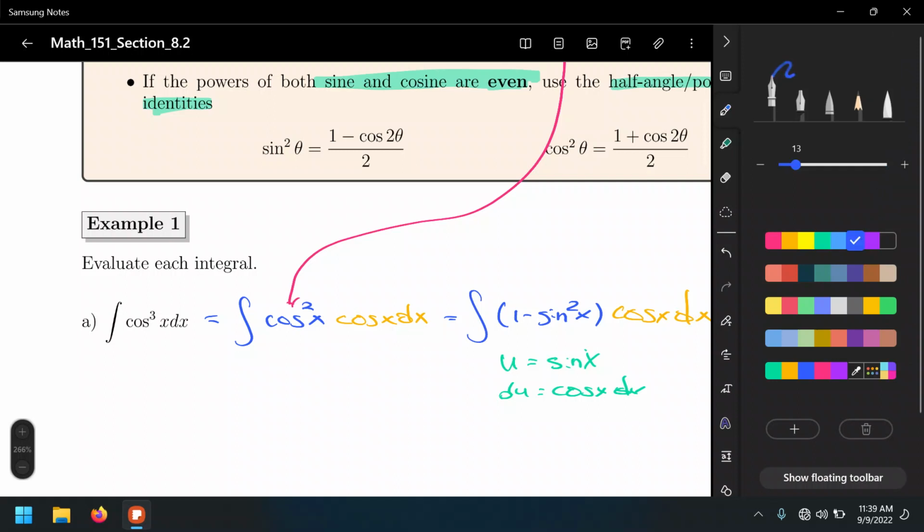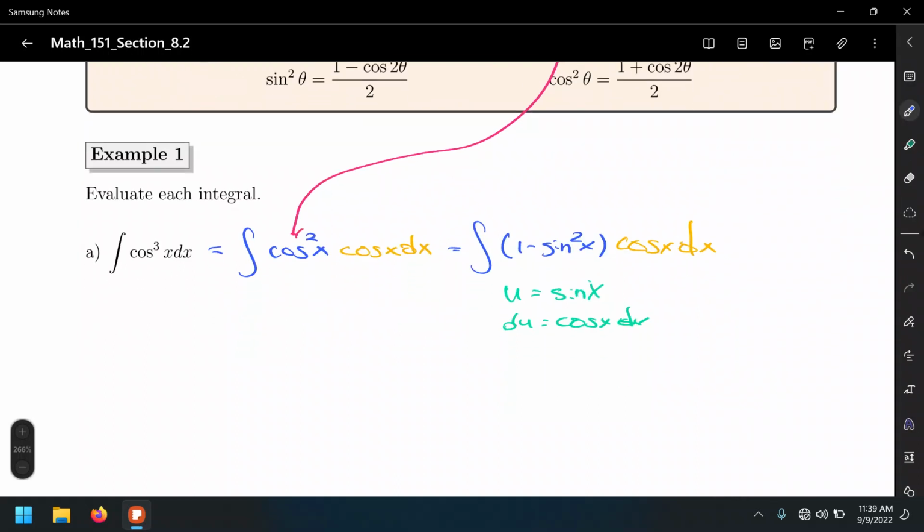That's how it works. We get the integral of 1 minus u squared, because sine squared becomes u squared, times cosine x dx, which is du.